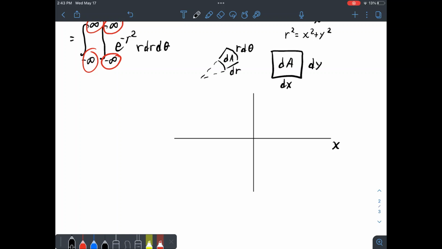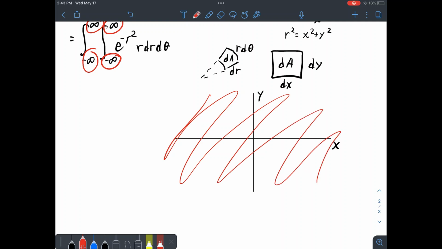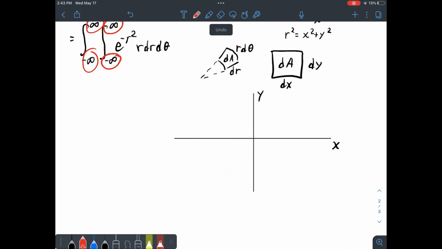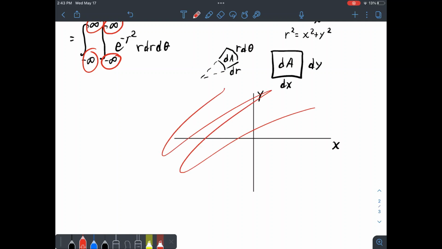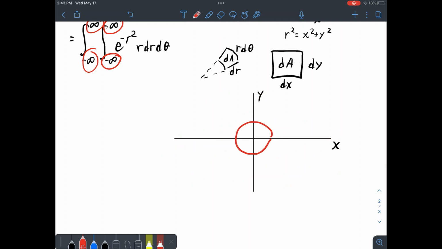Before we were integrating everything, and we're still integrating everything, but now we have to think of it in terms of r and theta. So I'm going to integrate from 0 radians all the way around to 2 pi radians, and from the origin all the way out to infinity, where this is r.